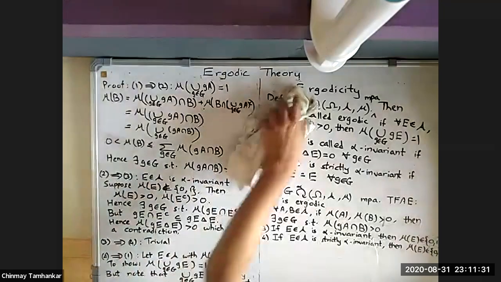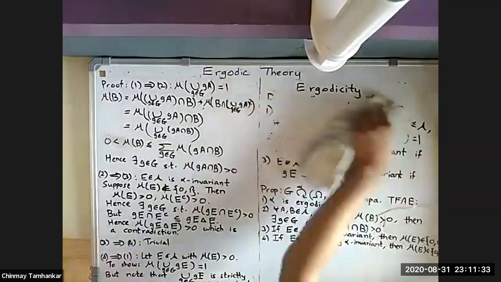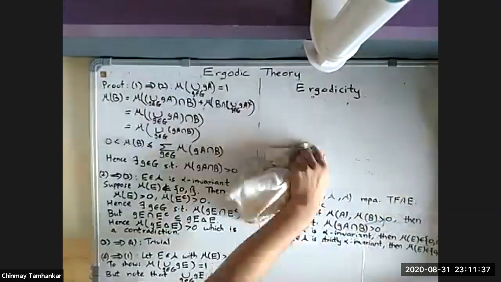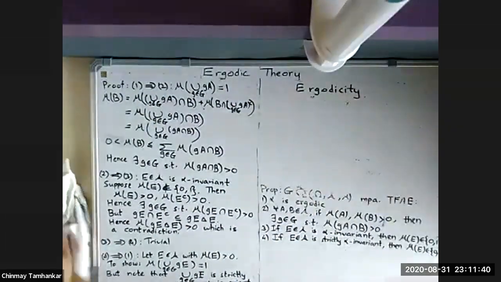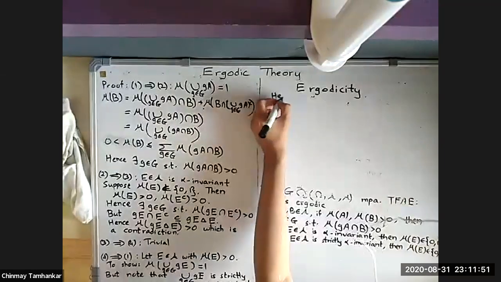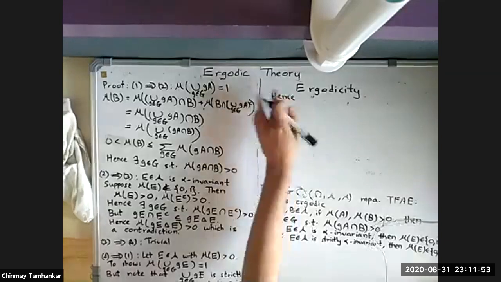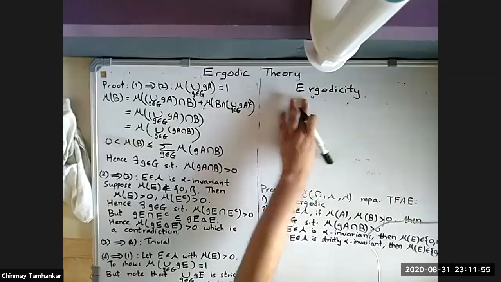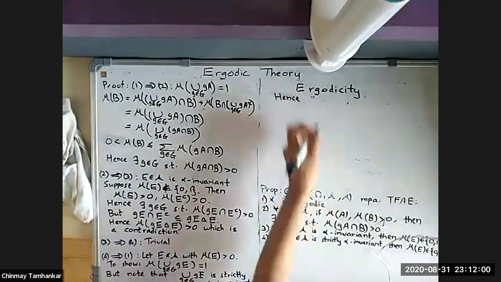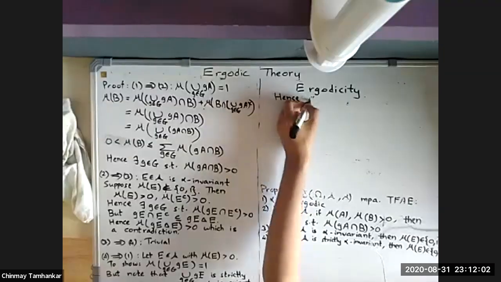But since this is a group, the identity element is in the group, and that identity element acting on E will again give E. Hence, since this thing is alpha invariant, its measure has to be 0 or 1.